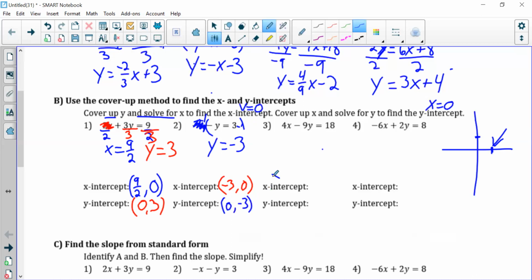All right, next. Once again, we're going to do our x-intercept first, so cover up the y. We're going to divide both sides by 4. So x equals 9/2.